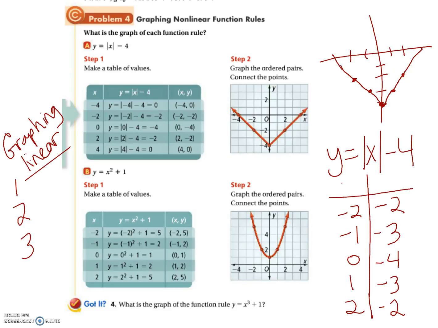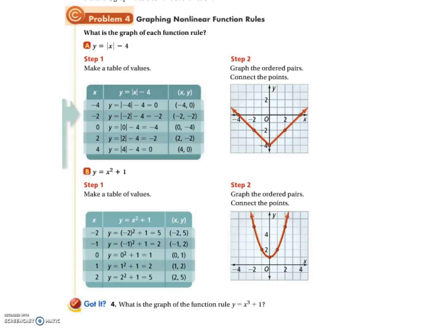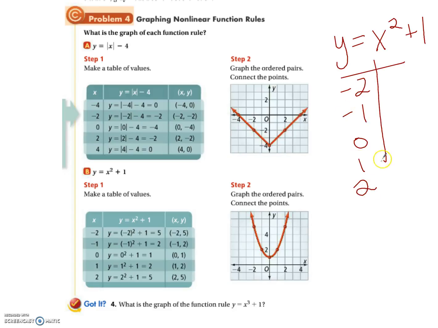All right, so let's continue on and do y equals x squared plus 1. We're going to do a table: negative 2, negative 1, 0, 1, 2. So negative 2 squared. Remember, it's negative 2 times negative 2, which makes it positive 4, plus 1 is 5.